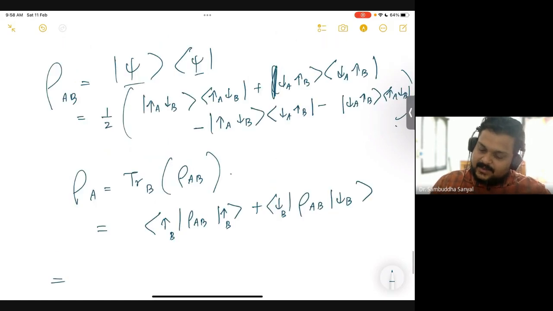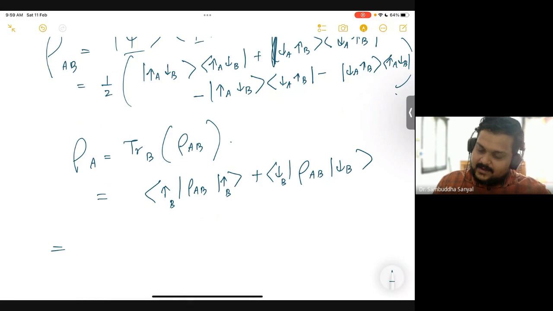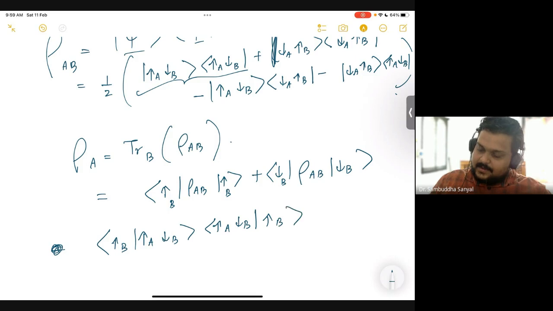Let me show you for one case, then you will know the case. Let's take this term. What is this term? Up A, down B. That I am putting into up B. So this will give me 0. So this term will not give me anything.